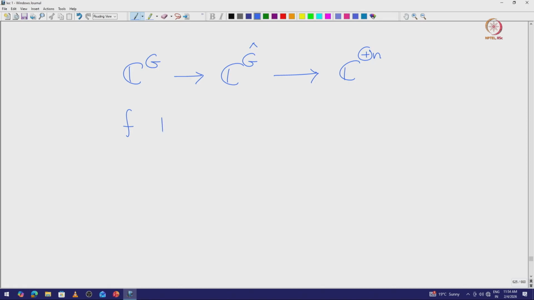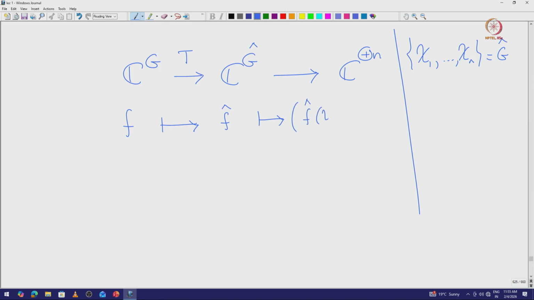You take f, and the Fourier transform takes f to f hat. But instead of recording f hat, one can also record f hat of chi 1 up to chi n. Let us fix chi 1 up to chi n, the set of one dimensional characters of G, the set of irreducible characters of G. Instead of recording f hat as a function, we can record it as a tuple f hat of chi 1 and so on up to f hat of chi n.